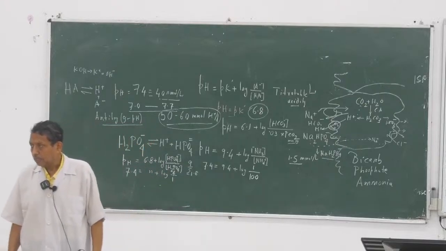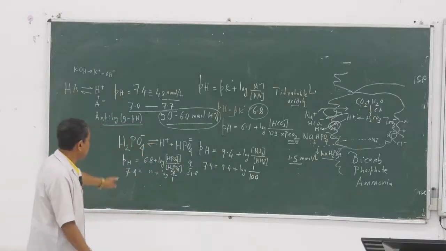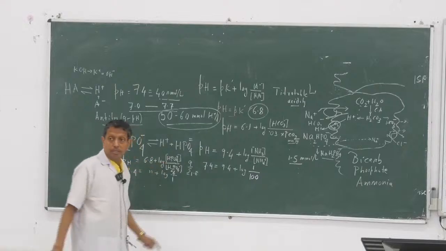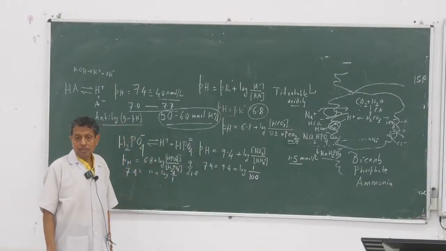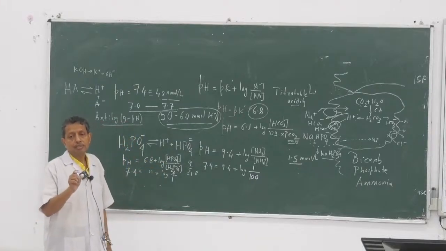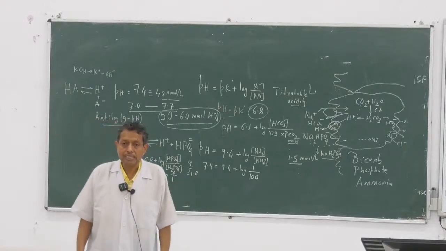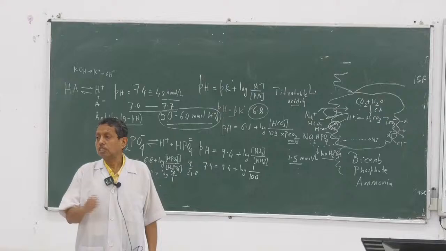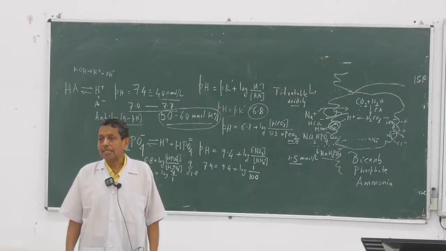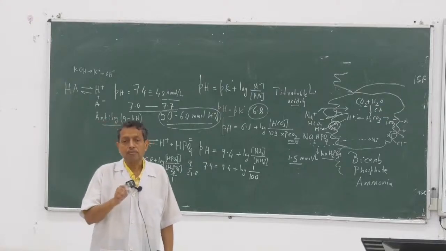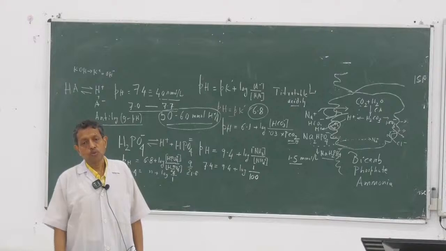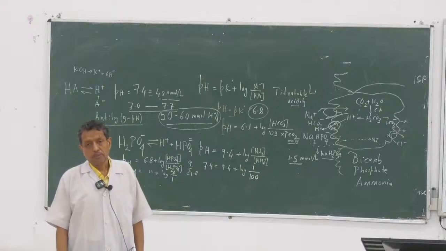But this phosphate, acid phosphate can give up. And it is the titratable acid. Along with other smaller components like acetoacetic acid, beta hydroxybutyric acid, where this pK value is 4.8 or so, it can contribute. But in health, they are of little concern.